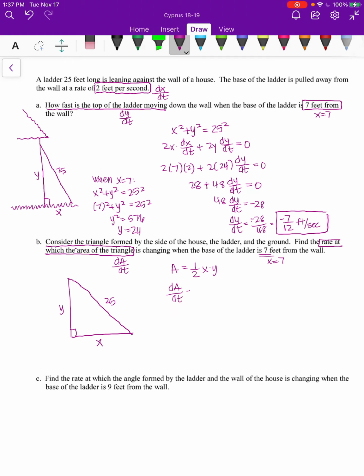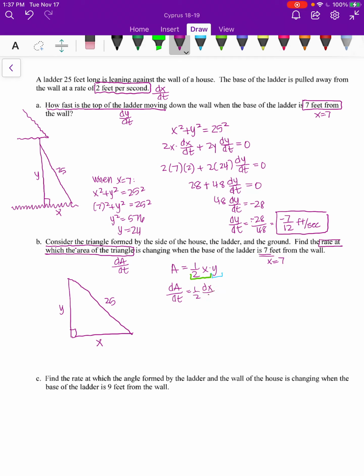Okay, now I'm going to differentiate both sides. So dA/dt is equal to, this is a product rule again. So we have 1/2 x and y. Those are the two things being multiplied together.